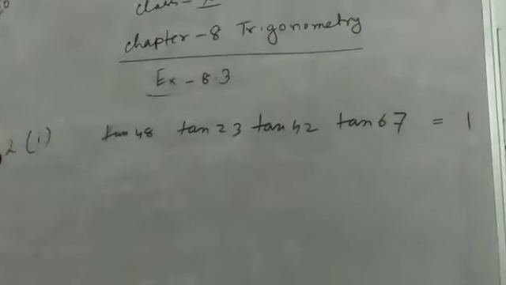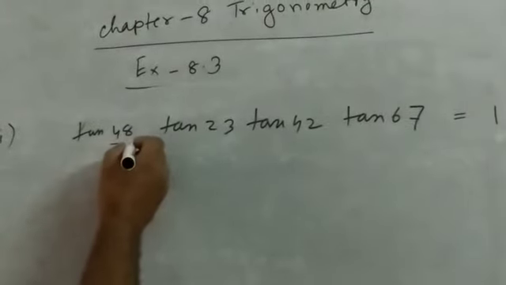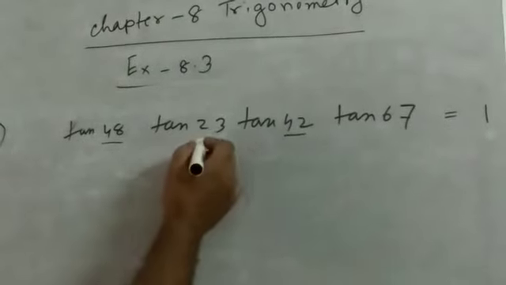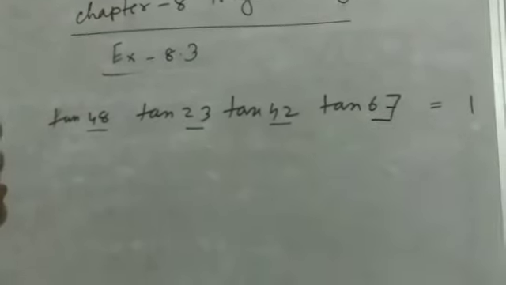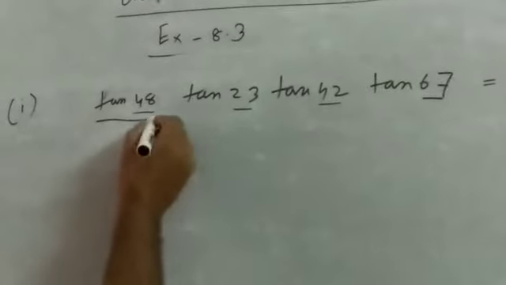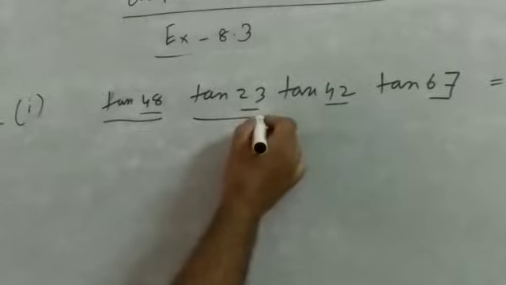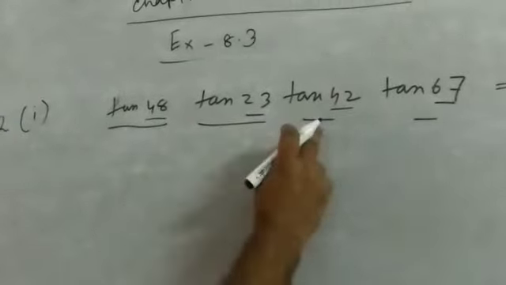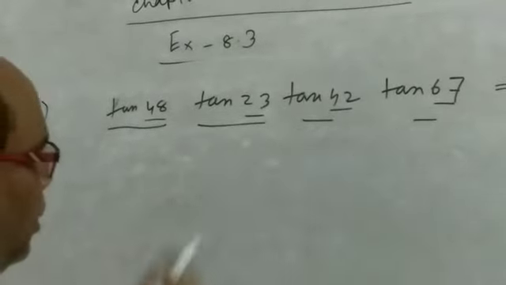Now one thing you see here: 48 degree and 42, these two are complementary angles. 23 and 67 are complementary angles. So we will change the first 2 terms, or we can change the last 2 terms also. If we change the first 2 terms, then don't change the last 2.